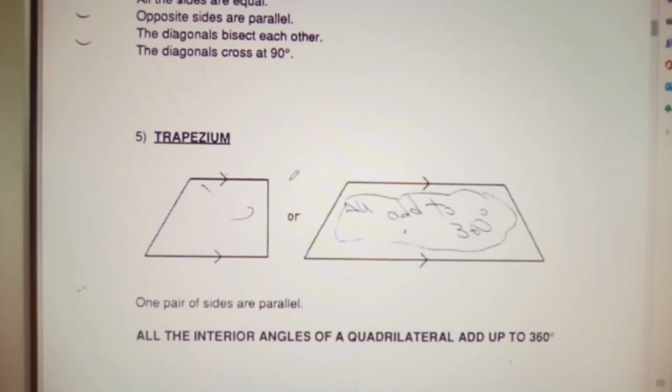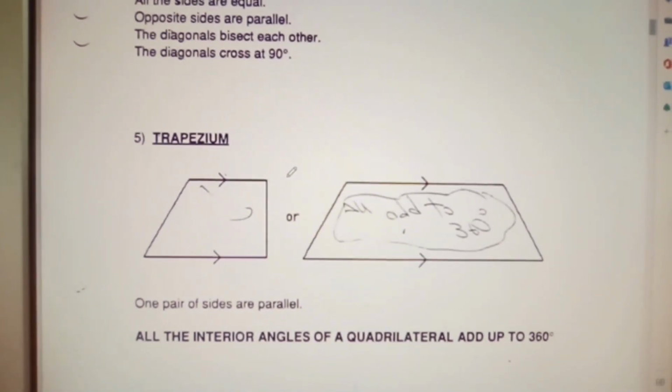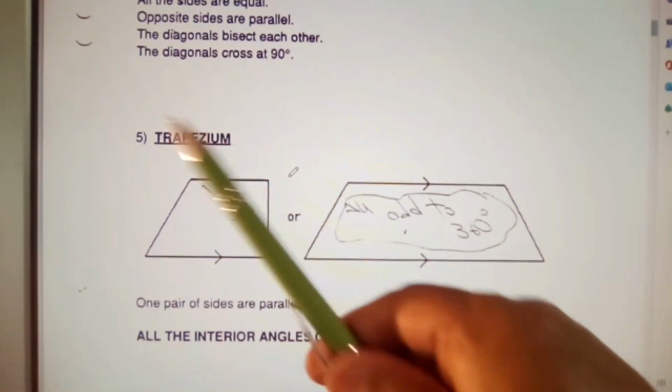Now the trapezium. And here we are, trapezium.